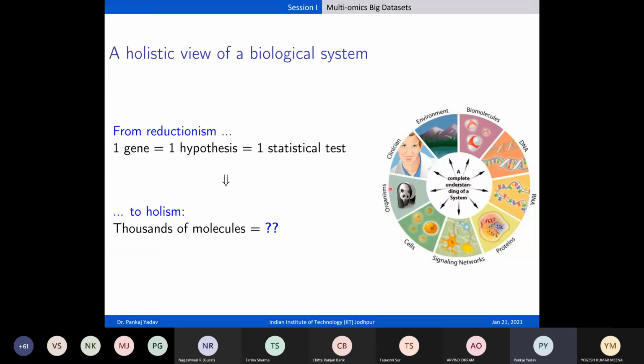And of course, no doubt, we need close interaction with clinicians, because they are the ones who will finally be able to translate our research into practice. So in today's scenario we need to keep all this in mind, have this holistic view, and involve all these factors in our studies.